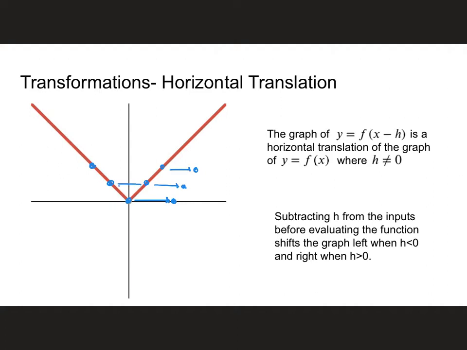What that would give me is a different line. Or I could move them to the left. So I can move, again, each one of these individual points to the left. And what would that give me? That would give me, again, an entirely different curve, but it will look exactly the same as the original curve, just shifted to the right or to the left.